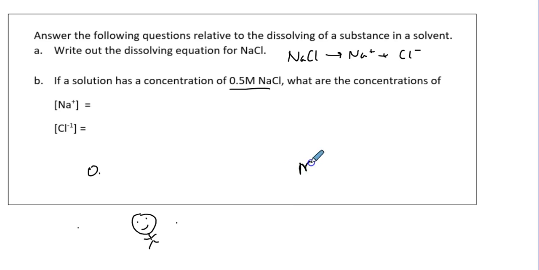I'm always keeping an eye on this formula. But I do know that if I have 0.5 molar NaCl, it's 0.5 times the number of these ions. 0.5 times 1 means this one is 0.5 molar. 0.5 times 1 is 0.5 molar for that one as well.